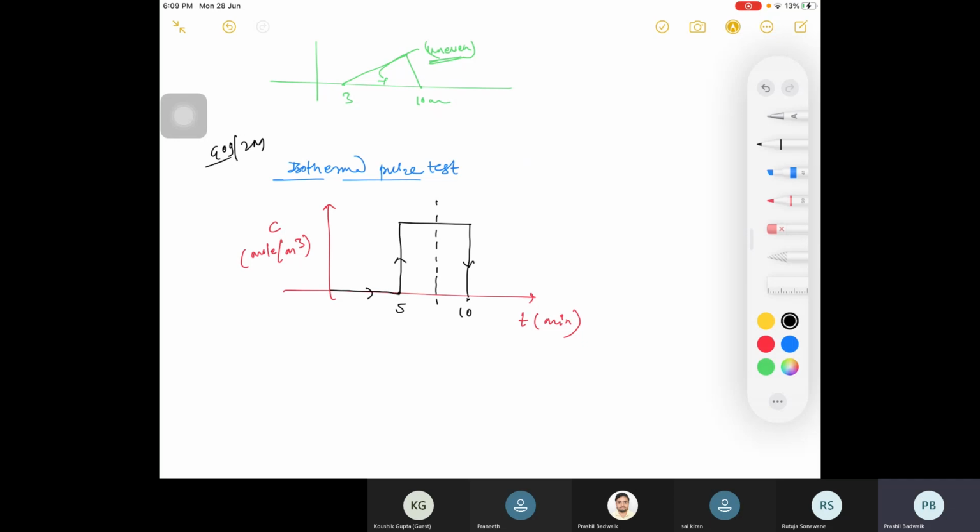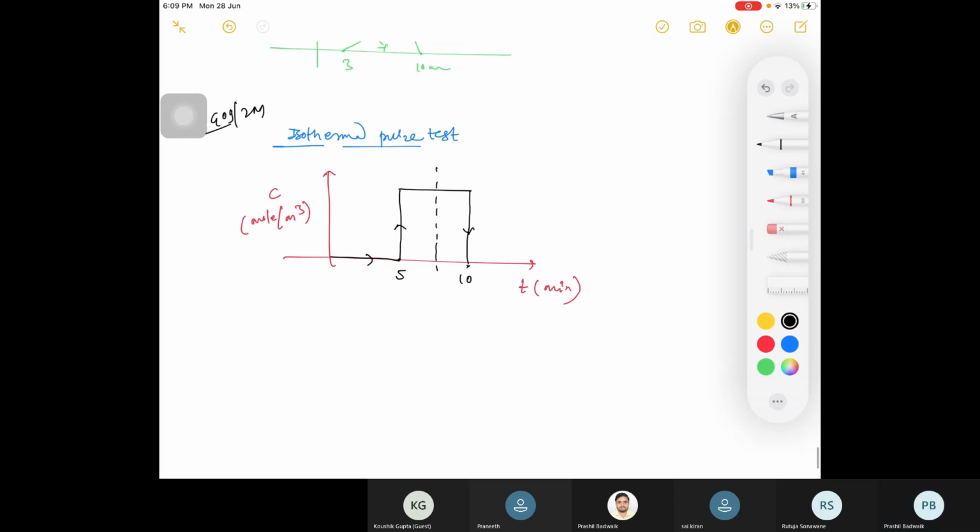Suppose you are solving your GATE question, now please answer what is your T mean. 7.5, right? It is 7.5. It was asked to calculate your T mean here, and then the area under the C curve. What is that? Area of rectangle, with unit.